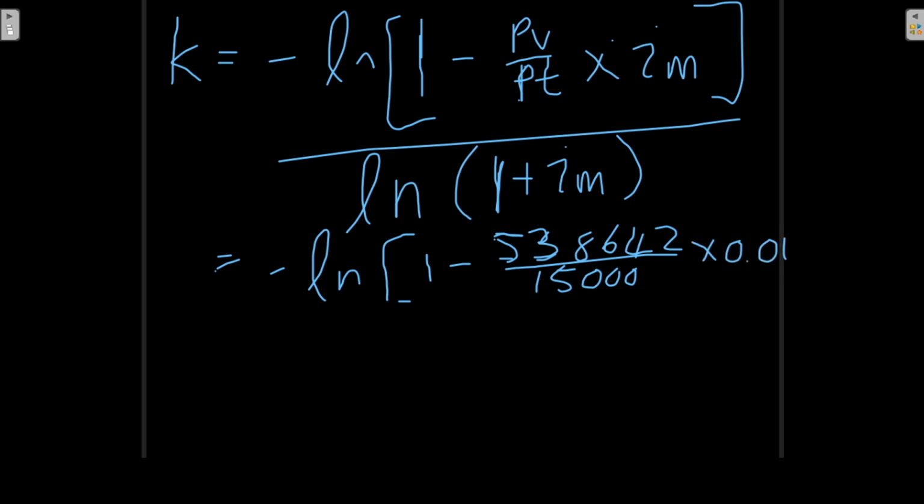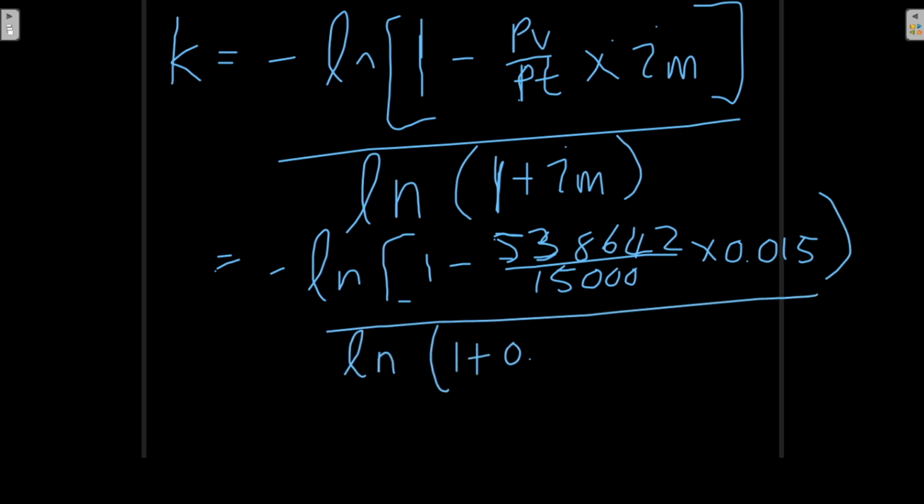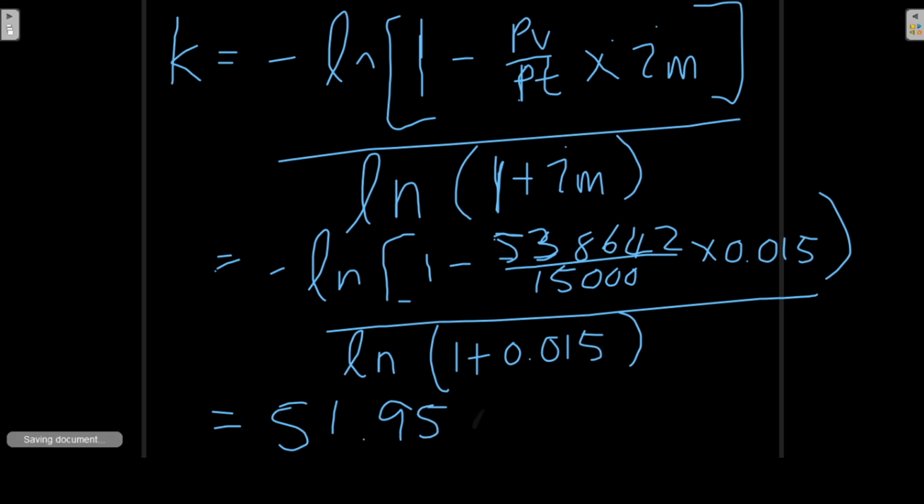My interest rate, and when I solve that, I get 51.95778. And because it's the number of payments, we have to round it up. So we will round it up to 52 payments of 15,000 rands each.